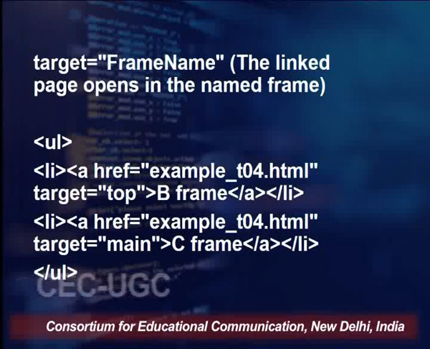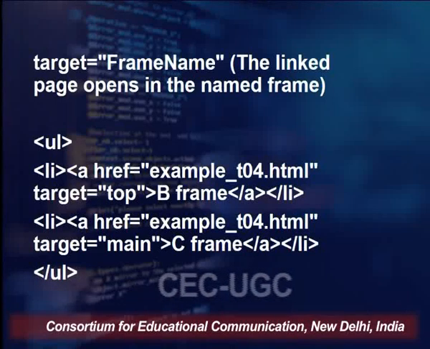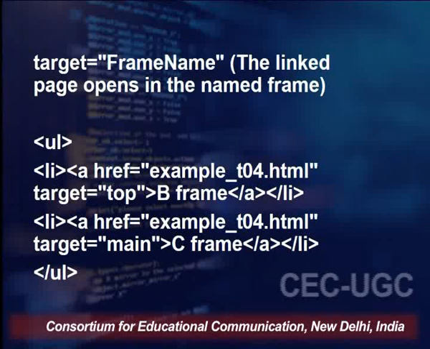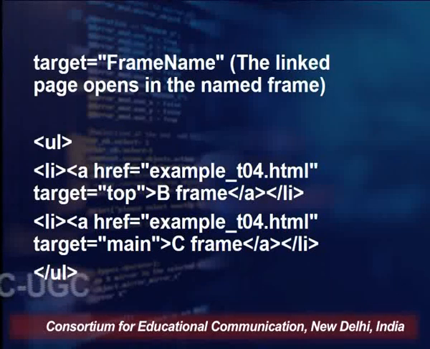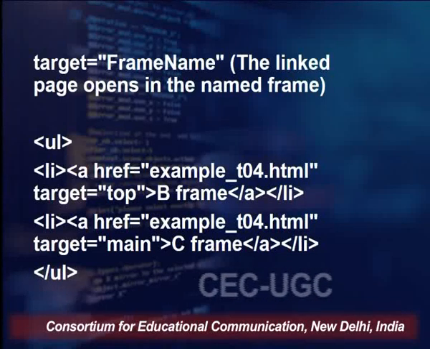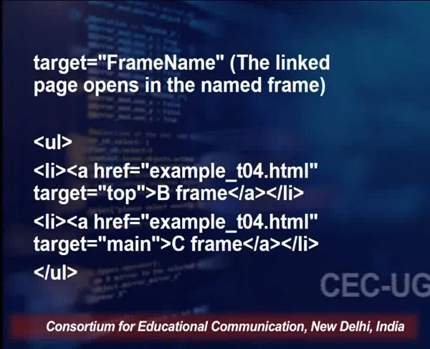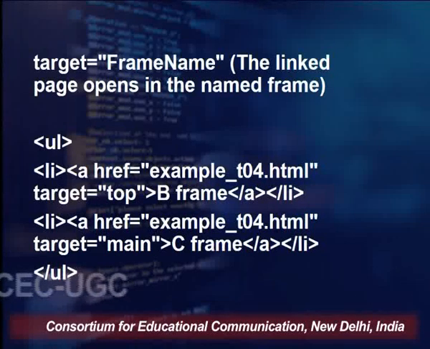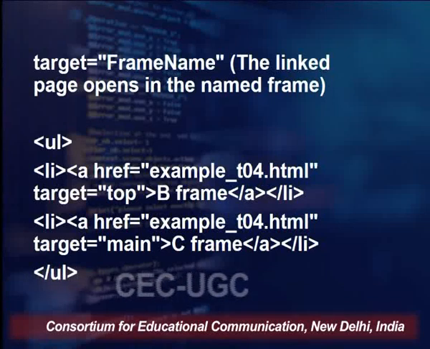Target equals underscore top is the name which is used by default by HTML, and here these are two variables, one is target equals top and another is target equals main. So both are user-defined variables.